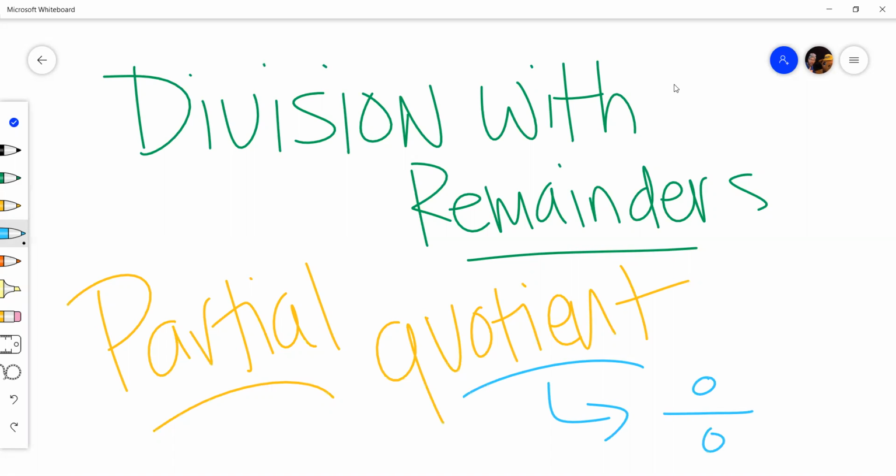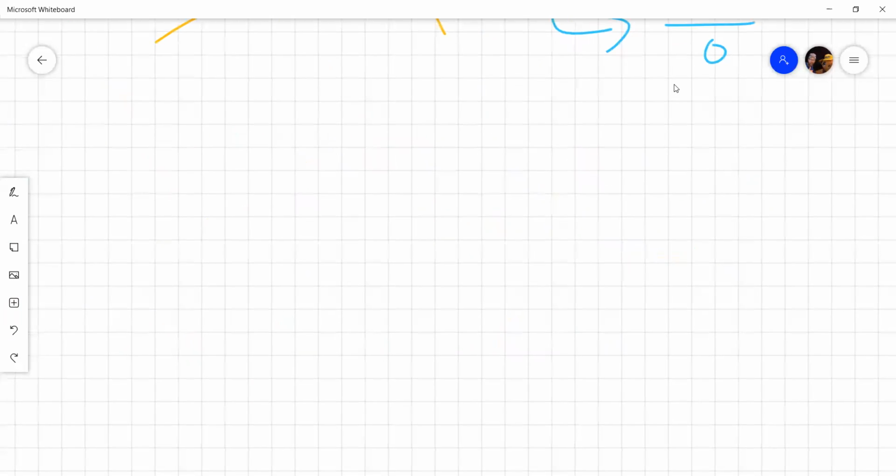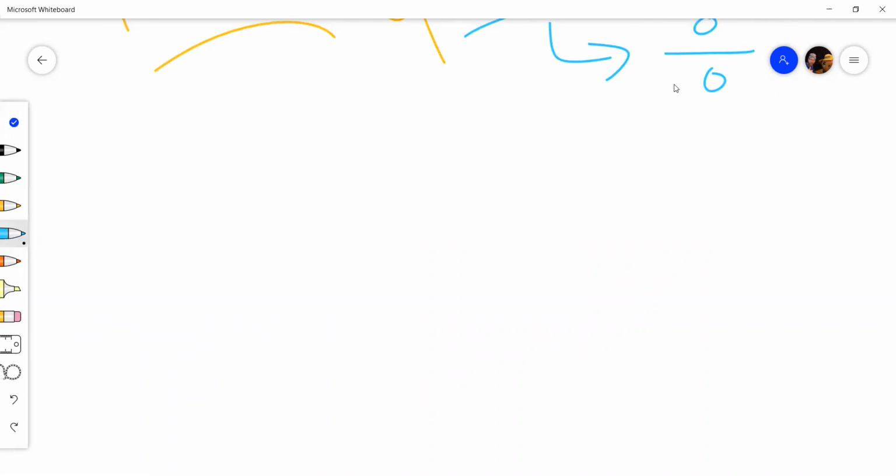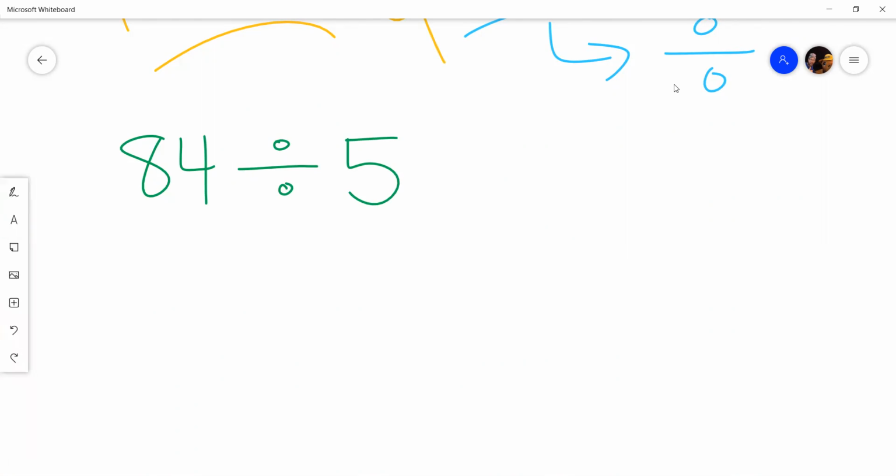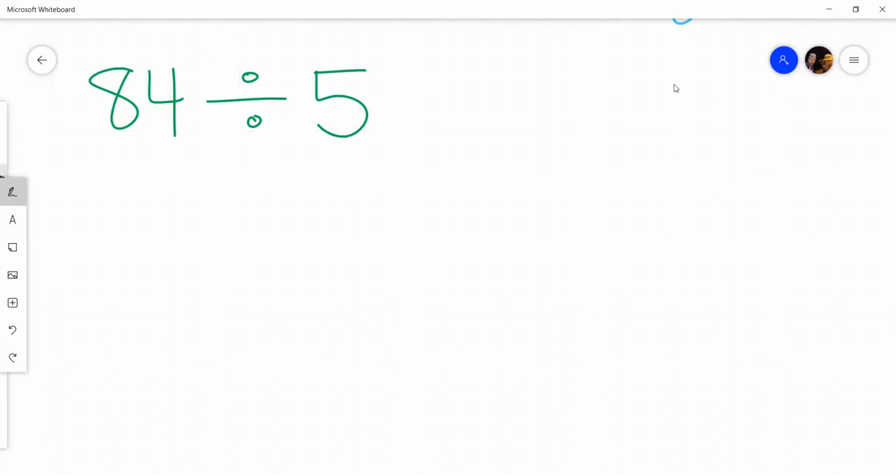So division with remainders: thinking about what we do when someone comes along and says to us, what if I had 84 and I wanted you to divide that by 5? If we're going to solve this problem, first we're going to set up that partial quotient.